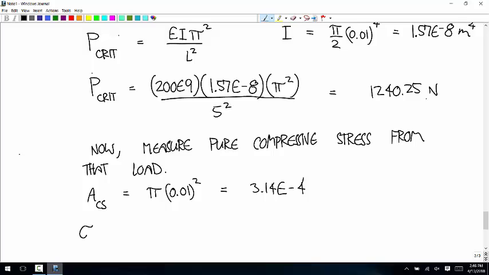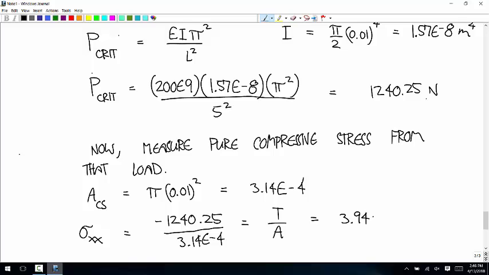And so sigma xx, that compressive stress, would be negative 1240.25 divided by this area, 3.14 times 10 to the minus 4. This is just equal to P over A, the formula for normal stress. And what do you get for this? Times 10 to the 6 pascals.